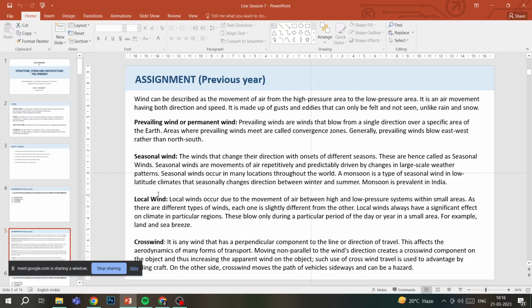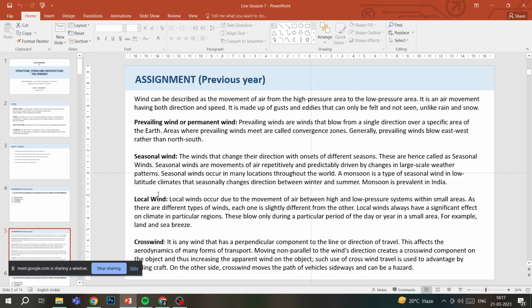It's a very technical term, used when we are talking about transport or an object and how wind is affecting it. It affects the aerodynamics of many forms of transport, of course.